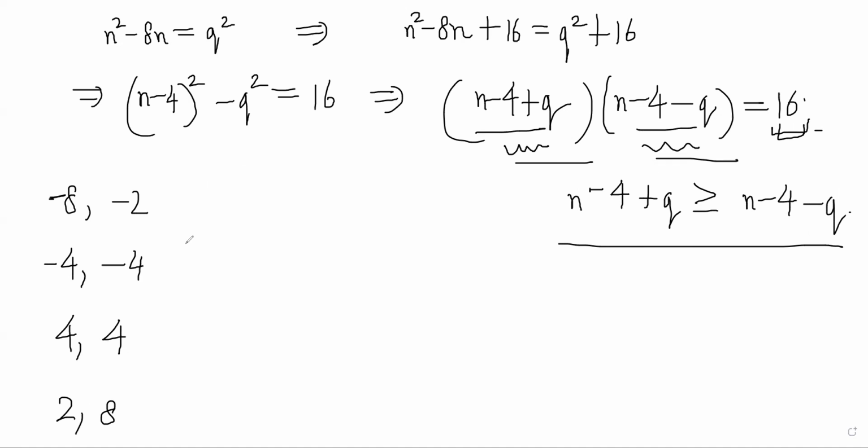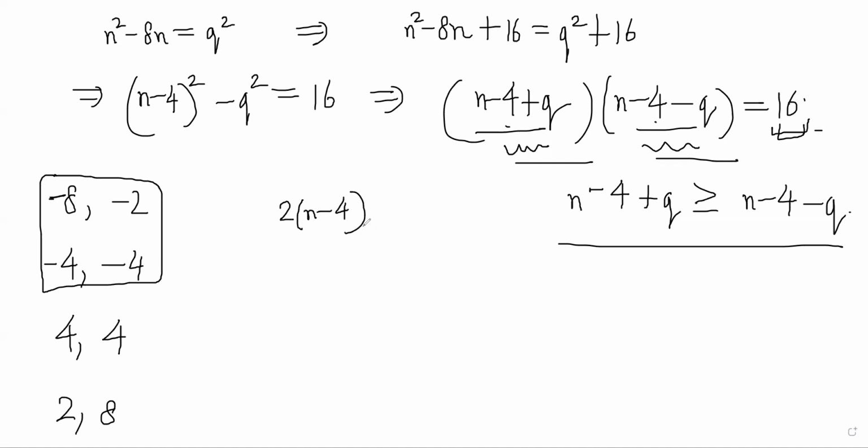Now, the first two are impossible because of the sum of the factors. If you add up the two factors here, the sum of the factors in the first two cases is twice of n minus 4.